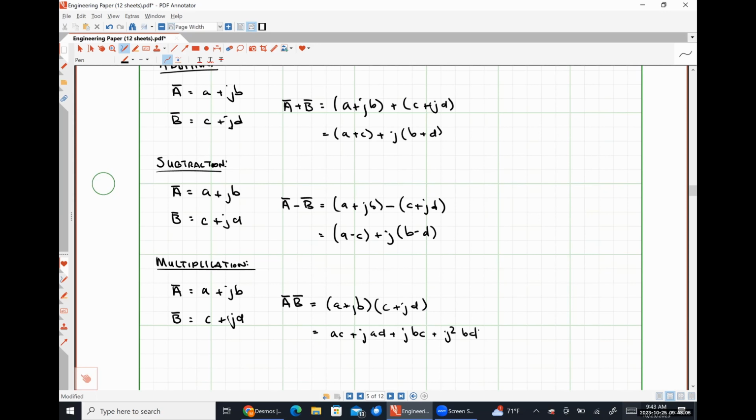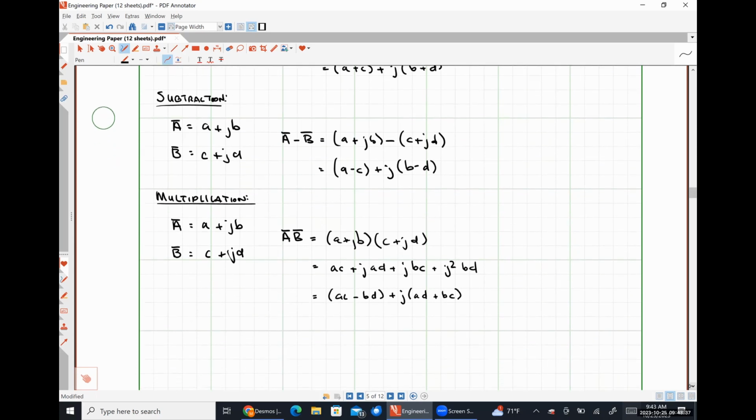What is j squared? -1. So this is going to have a real part of AC minus BD plus j(AD plus BC). So when I multiply using rectangular form complex numbers, I get a rectangular complex number in the output.